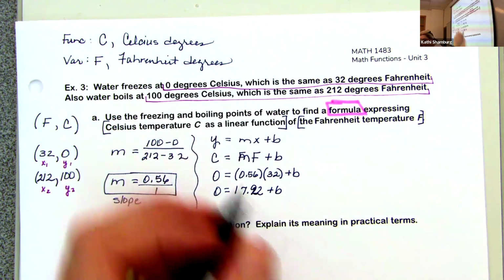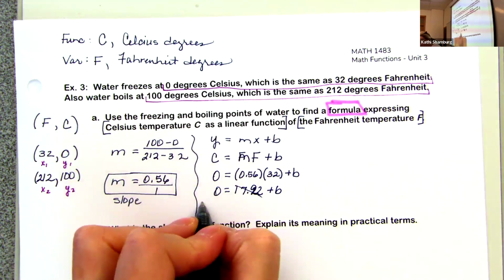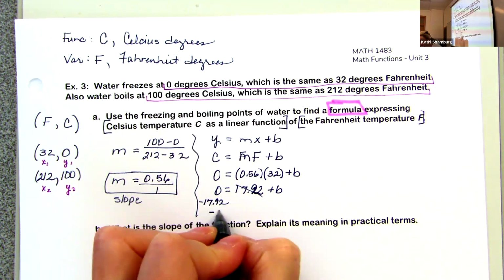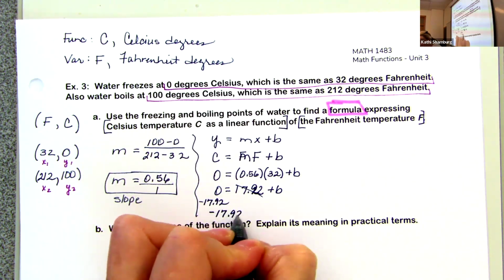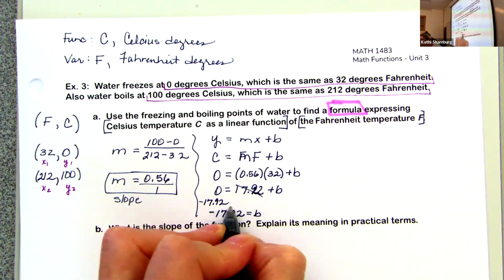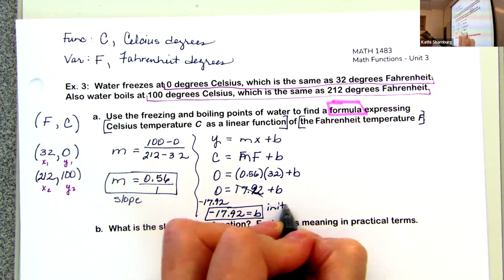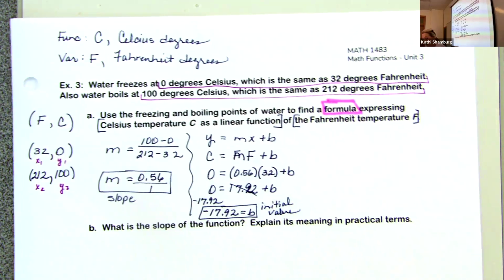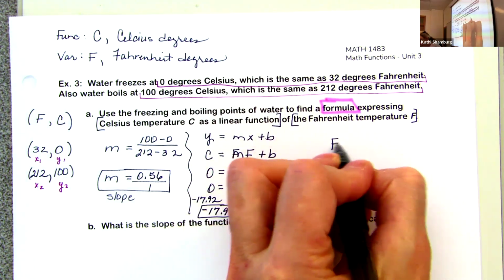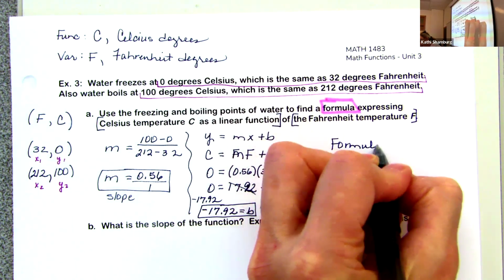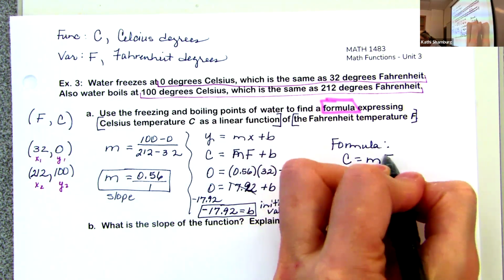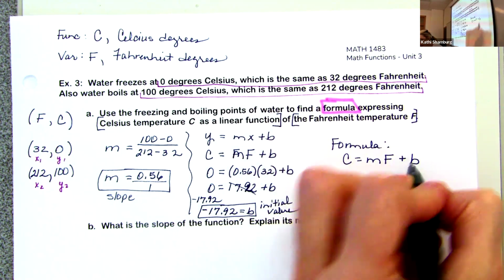So if I want b by itself, I'm going to subtract 17.92. So I get negative 17.92 equals b. This is your initial value. So now I have the pieces I need to find the formula, which again is C equals mF plus b.